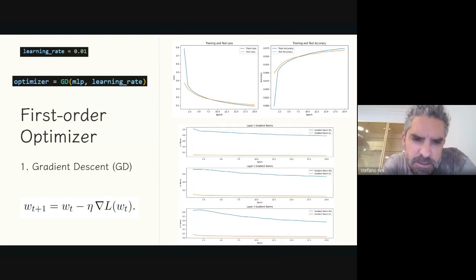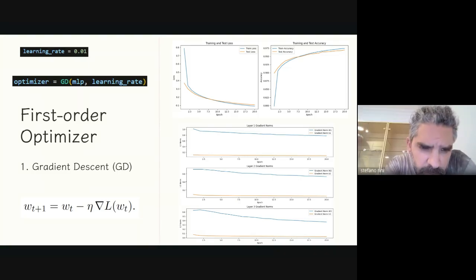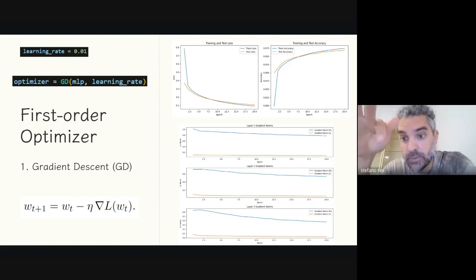And then the weights. Let me see the gradient norm, right? Because the gradient norm in the bottom layer is 0.6, then it goes to 0.7, then it goes to 1. Here, are you counting the layers from the bottom to the top or from the top to the bottom?